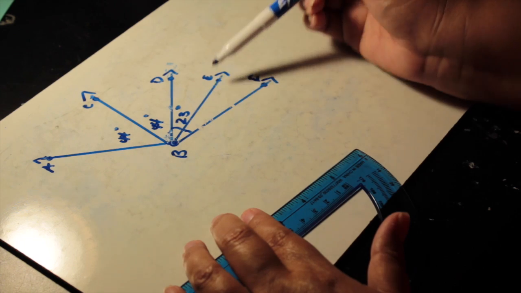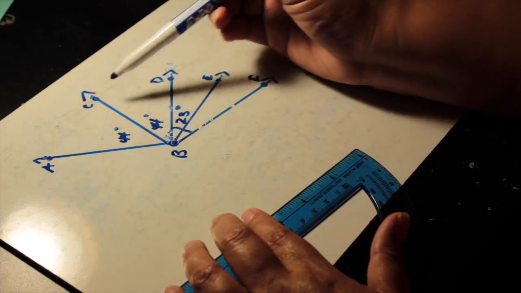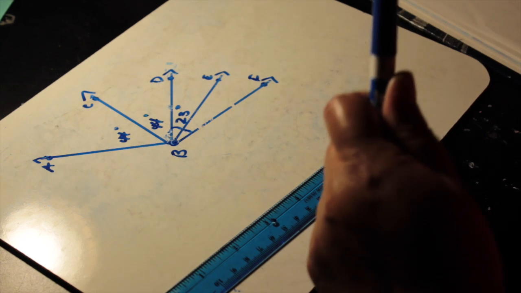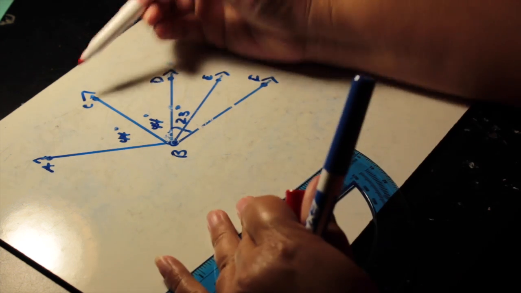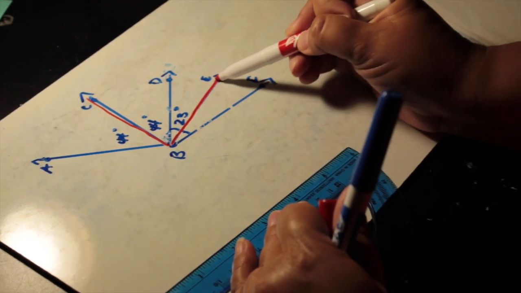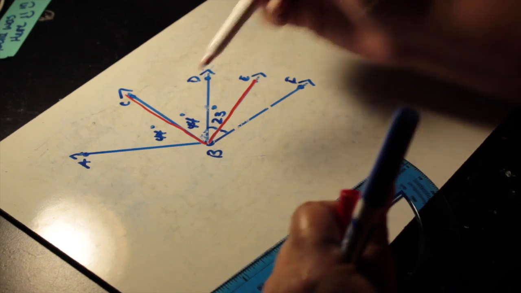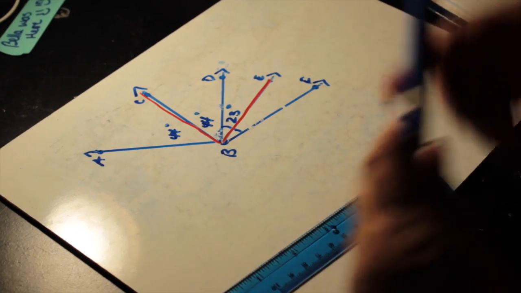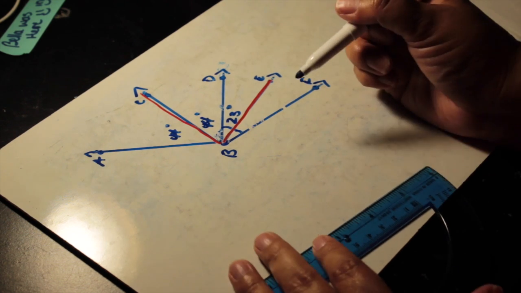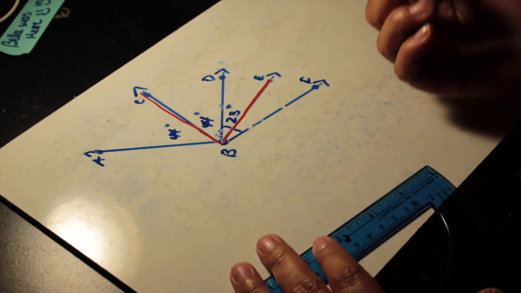Actually, it won't even tell us what EBF is, it doesn't matter. Let me do this with a different color pen so that you can see. It is asking us, what is CBE? So what is this right here? Well, because we did some work initially, we can see what the answer is.